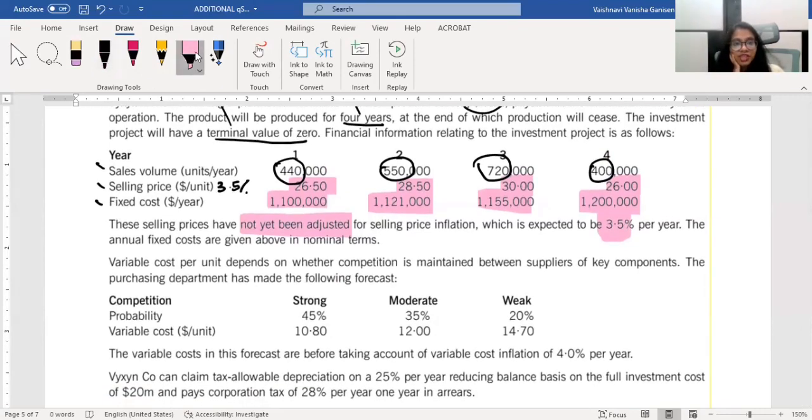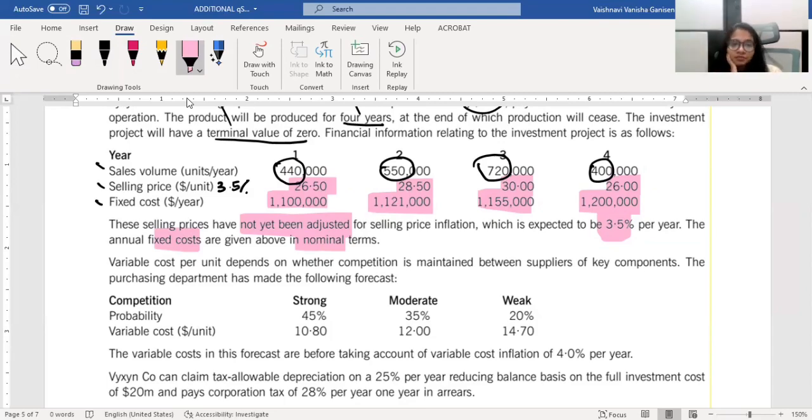The annual fixed costs are given in nominal terms. So the examiner has actually given you the fixed cost value in nominal terms. That means he has already included time value of money or inflation.